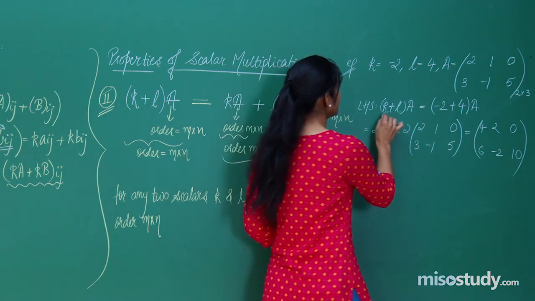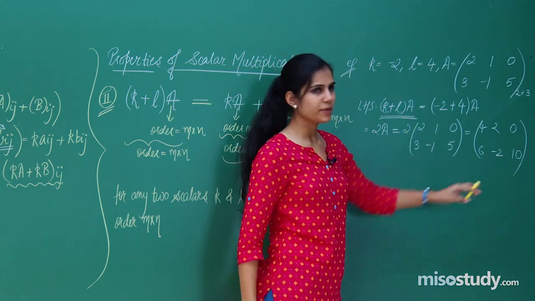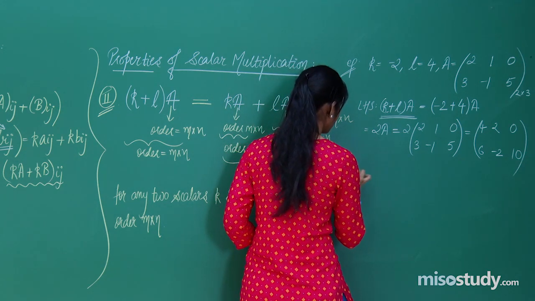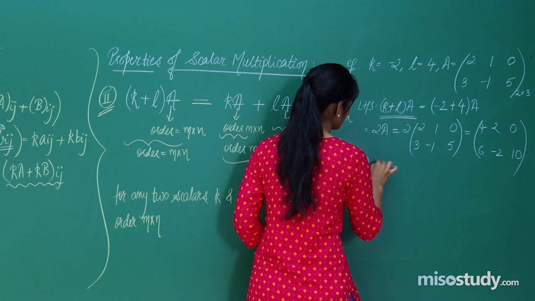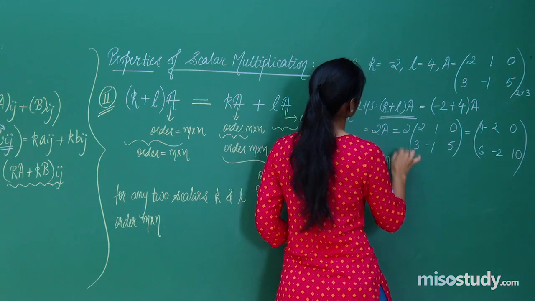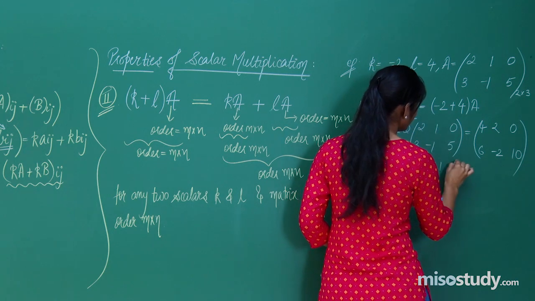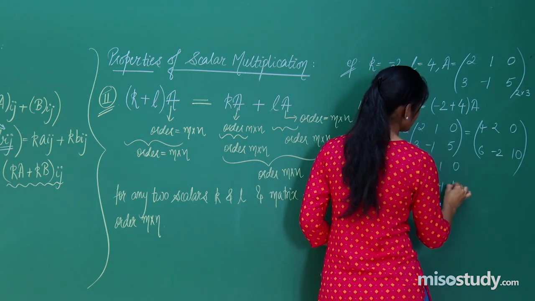So this is your K plus L times A matrix. Then if you talk about RHS, it is K times A plus L times A. K is -2 times the matrix 2, 1, 0, 3, -1, 5.